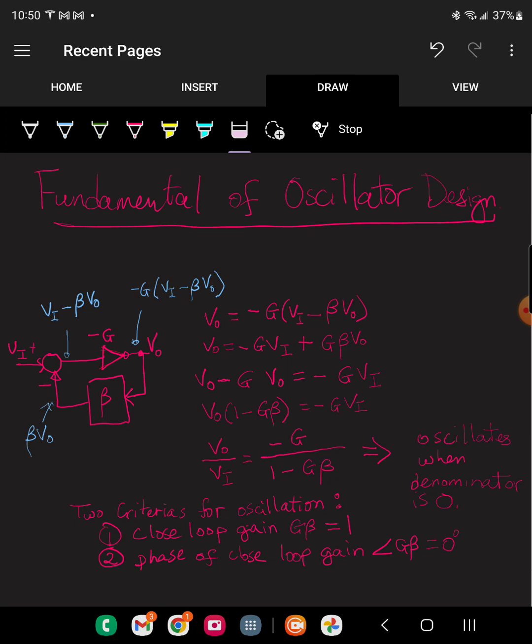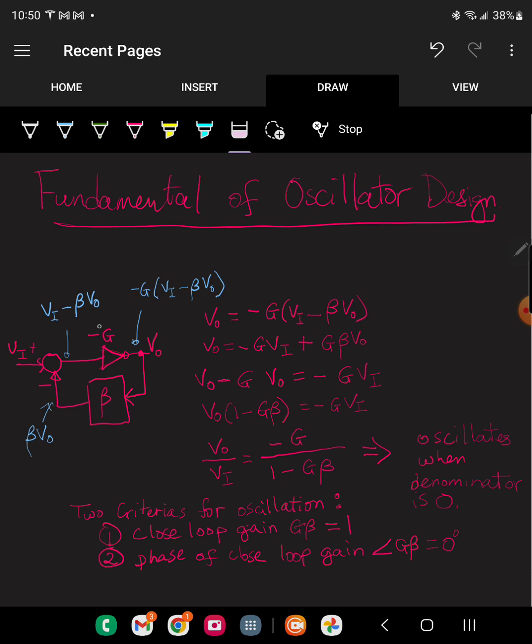Once you understand the fundamentals, the circuit design is pretty easy to design and understand. To get started, we start with a classical feedback loop amplifier. So here we have an input Vi, and it goes through an inverting amp.